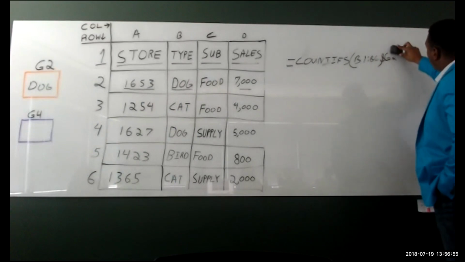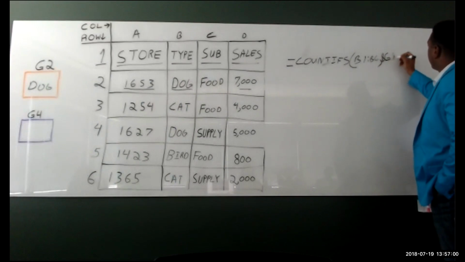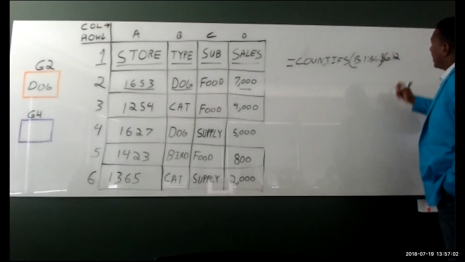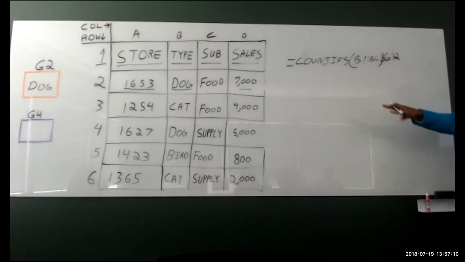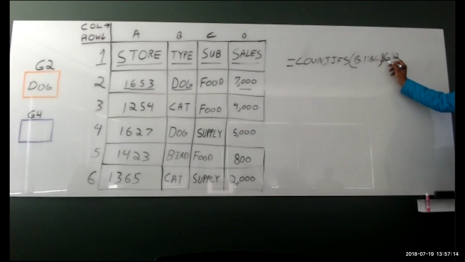So we're going to pause real quick and talk about what that dollar sign means. That dollar sign is telling Excel, if I drag this formula anywhere or copy and paste it anywhere on my sheet, always leave this locked in column G. If I put a dollar sign in front of the row number, always lock down the row number.